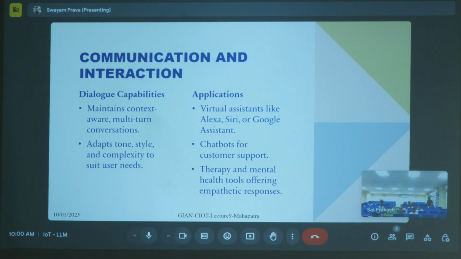These abilities can be seen in virtual assistants that you all use today, like Alexa, Siri, or Google Assistant. You can even see it in chatbots for customer support and even therapy or mental health tools offering empathetic responses.